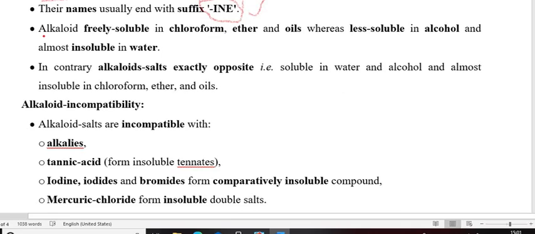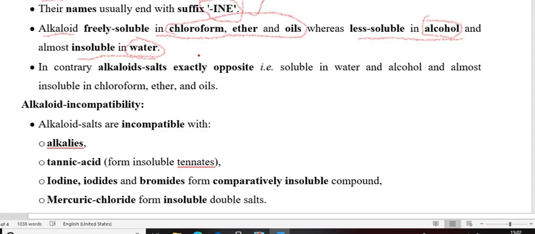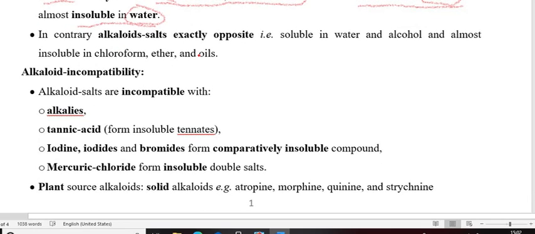Another is about its solubility: the alkaloid is usually insoluble in water and very less soluble in alcohol. So in alcohol and water, alkaloid is rather insoluble. However, in chemicals like ether and chloroform and the oils, in these three, the alkaloid is freely soluble. So this is a very, very important property.